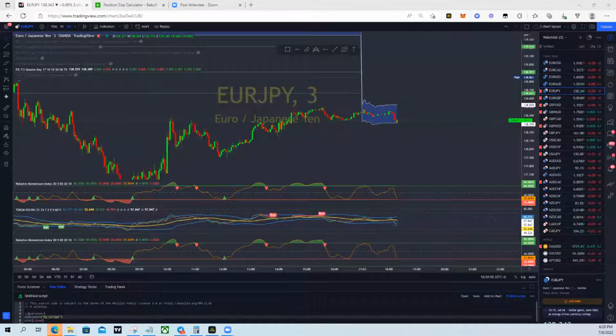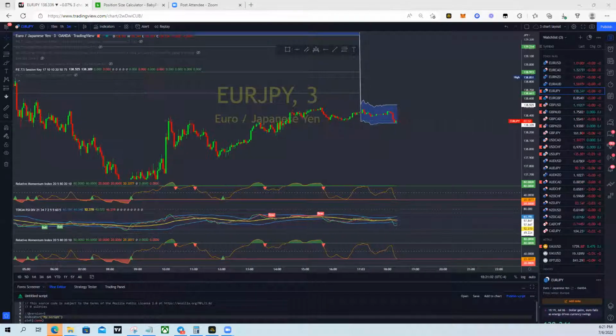Give me a second, you guys. Let me pull this Euro JPY up. For some reason, it's not doing it. All right, maybe over here. That's not letting me add. All right, we'll get back to that.